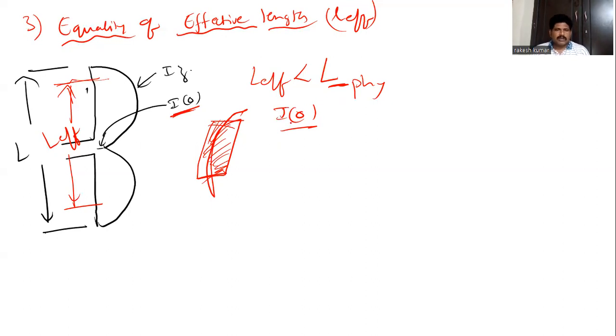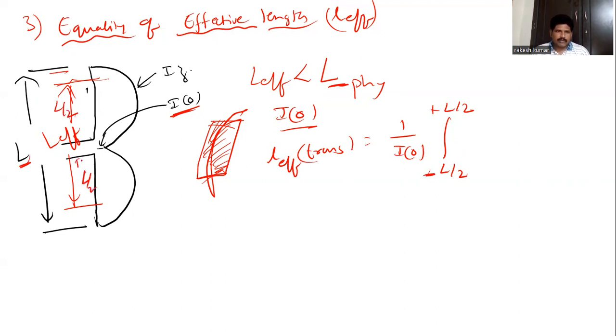For the transmitting antenna, L effective is equal to 1 by I naught times the integral from minus L by 2 to plus L by 2 of I(z) dz. The total length is L, from here to here it is L by 2 on the positive side, and this is the negative side.